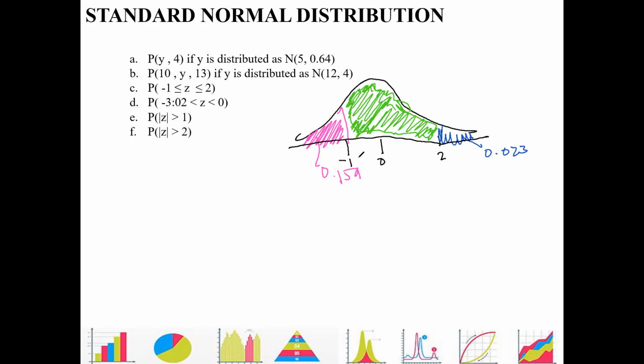Yung una yung kanina, i-reflect natin to on the right side, then subtract dun sa 0.023. And also, we can get that by, ano pa yung ibang paraan? Analyze nyo nga yung graph natin. We have pink, green, and blue. Anong pwede natin gawin?